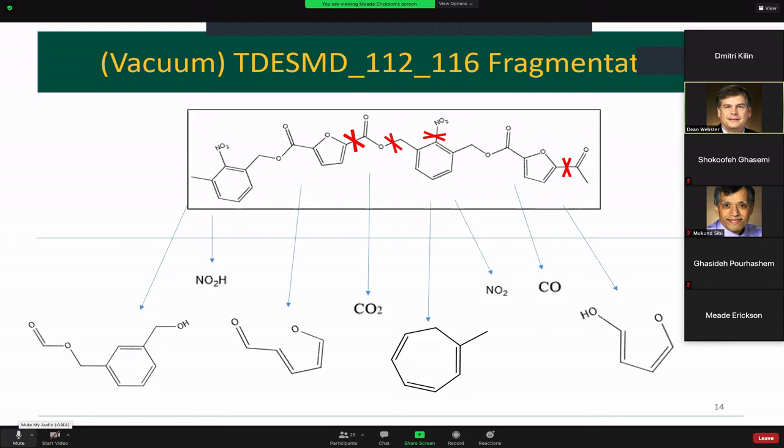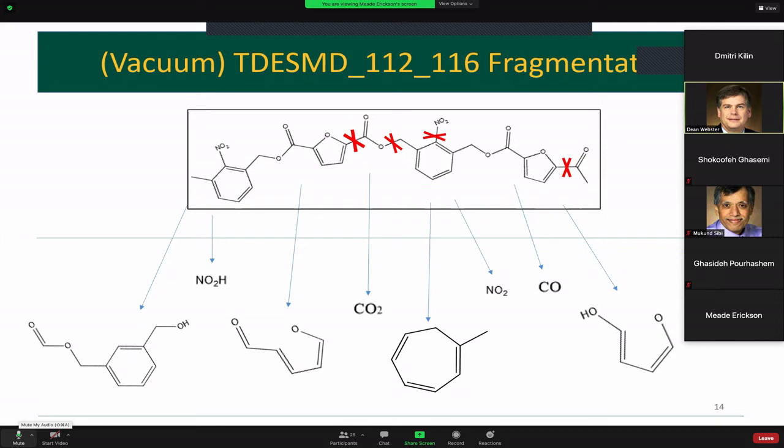The procedure that Meade is doing is able to provide the time of the specific reaction step. If the time from the beginning of simulation to the instant of the specific bond breaking is long, it can be interpreted as a low probability.